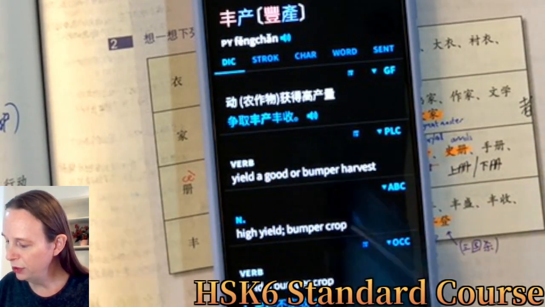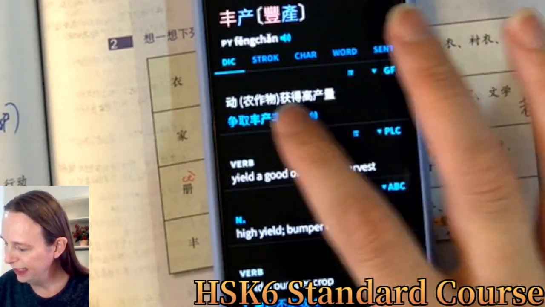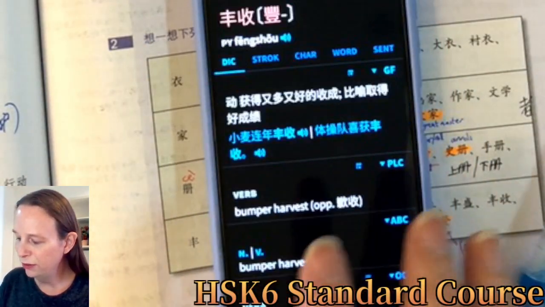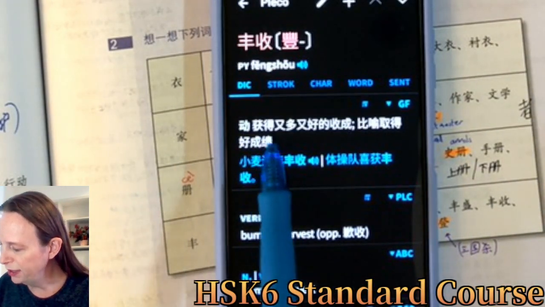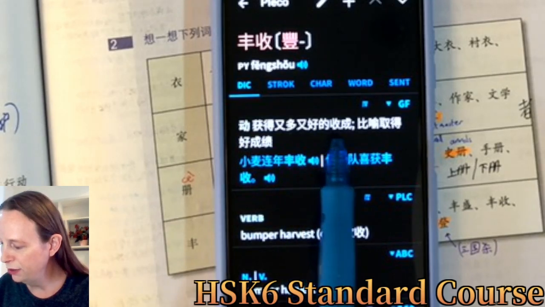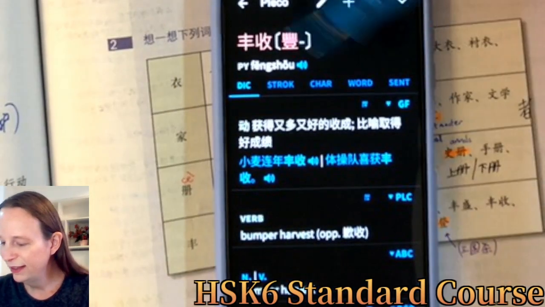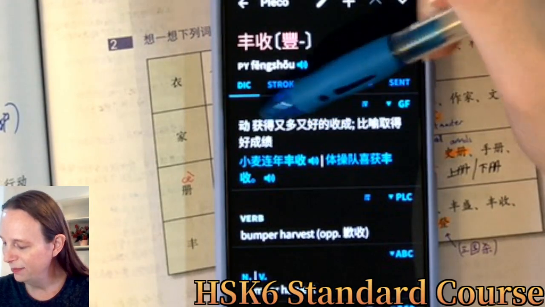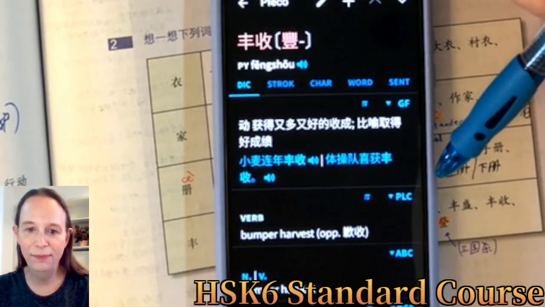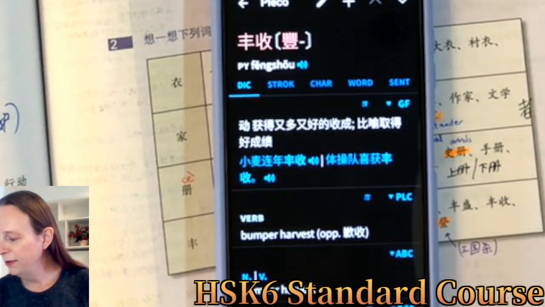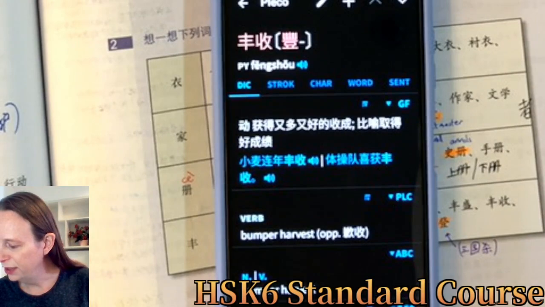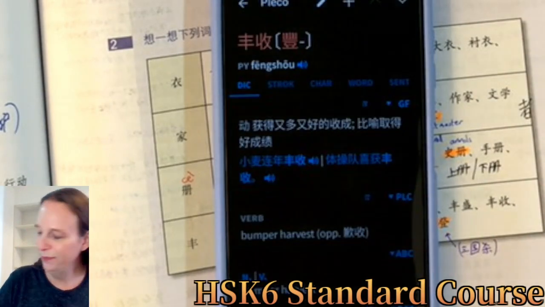丰产丰收. Yeah, 丰收 is the other one. 收 would be like 收获, I'm guessing, or something like that. 获得又多又好的收成. Yeah. So bumper harvest. It can mean literally crops, but usually figuratively. 比喻取得好成绩. Yeah.